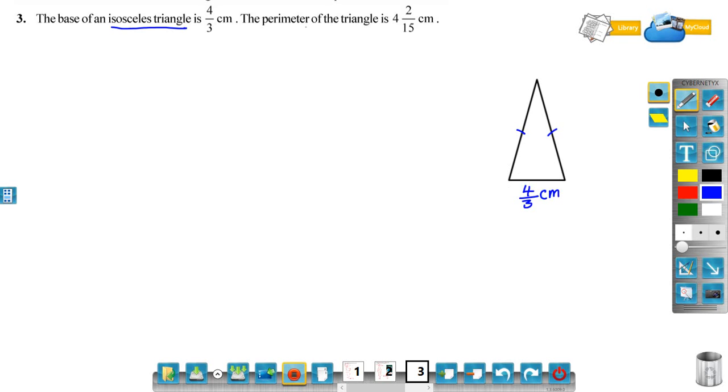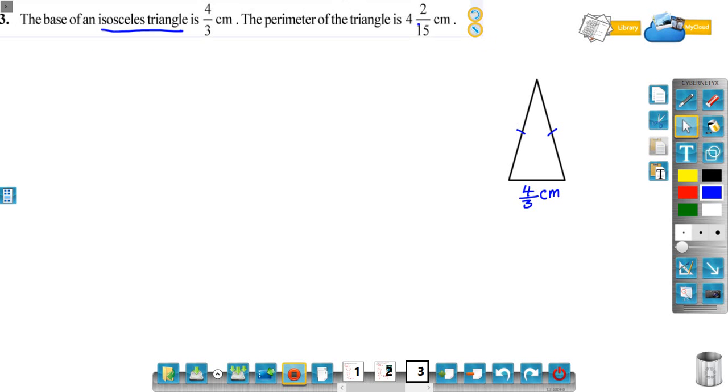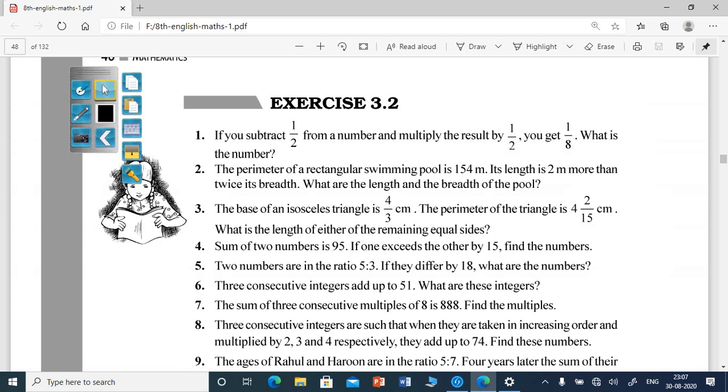Now it is given that the perimeter of the triangle is 4, 2 by 15 centimeter. Perimeter means sum of the sides. Do we know the length of two equal sides? What we have to find here?